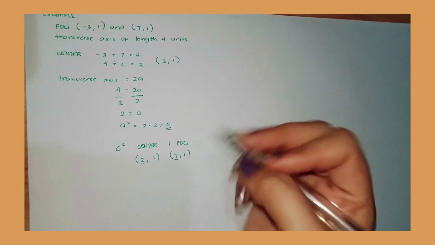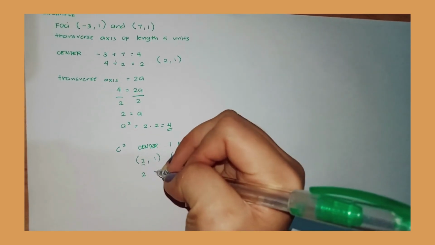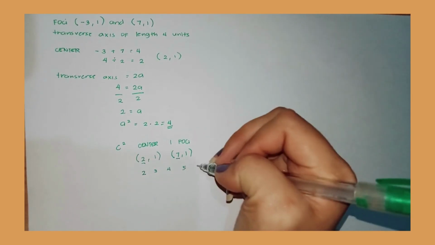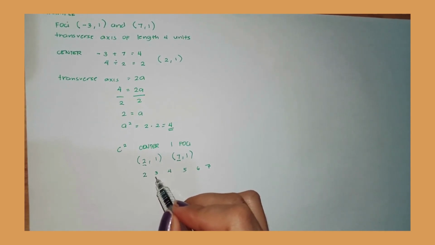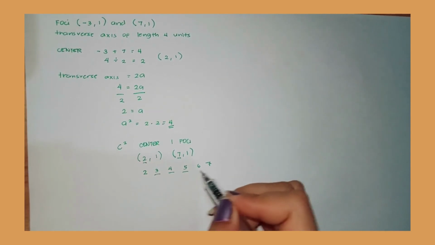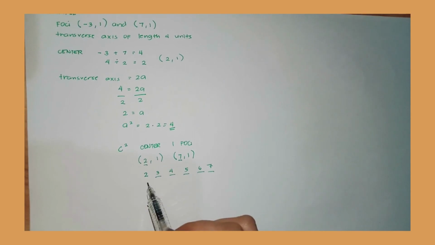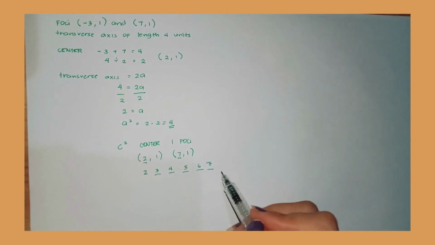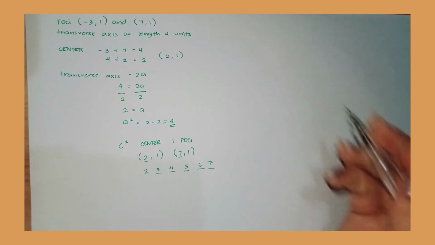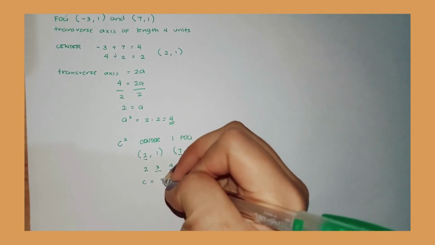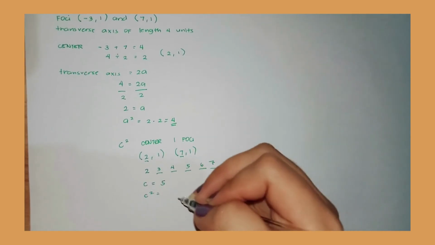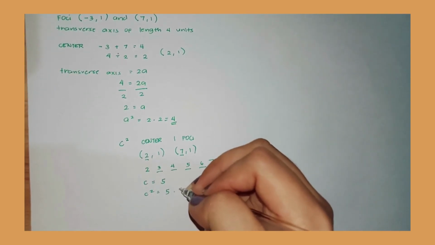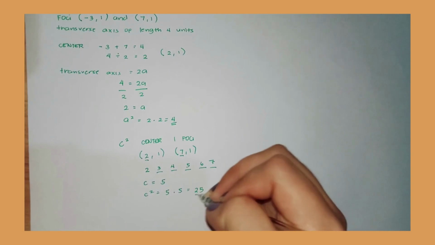Start tayo magbilang from 2. 2, 3, 4, 5, 6, 7. Then, after ng 2, that is 1, 2, 3, 4, 5. So, merong 5 na pagdadaanan bago makadating sa 7. So, yung C natin is 5. Kaso, ang hinahanap natin ay C squared. So, i-multiply natin yung 5 sa sarili niya. 5 times 5, that is 25.